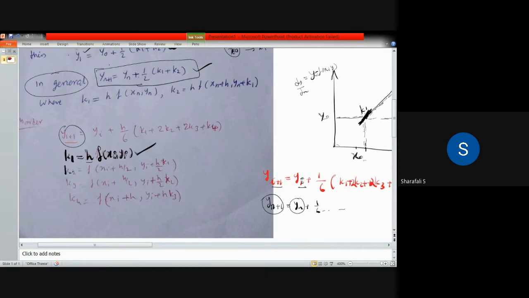And if you consider k2, it will be equal to f of xi plus h by 2 comma yi plus h by 2 times k1.